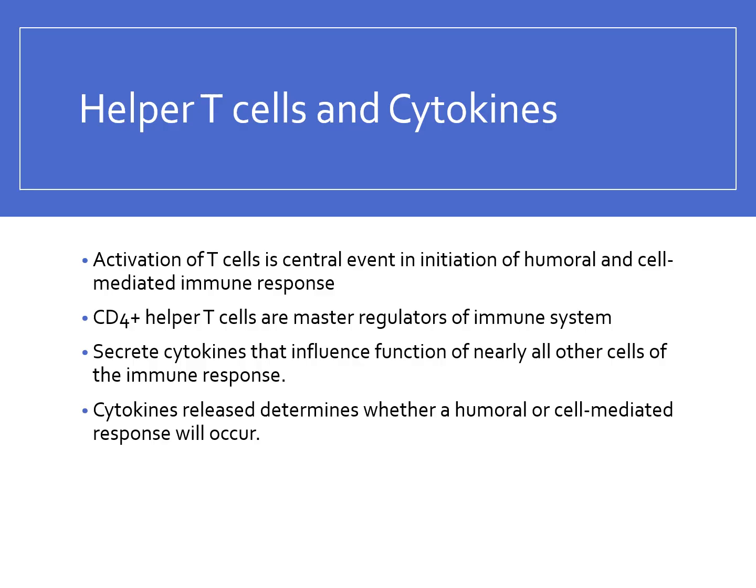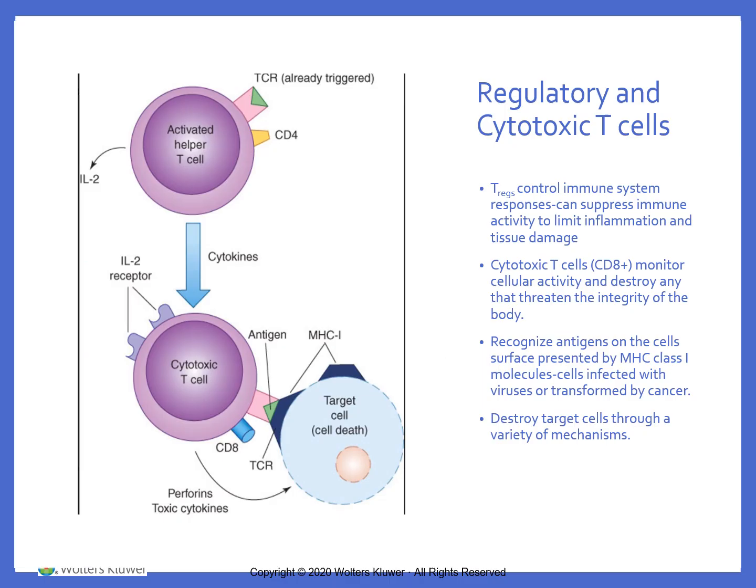So those CD4 plus helper T cells are really this kind of master regulator of the immune system. They also secrete cytokines that help to influence function of nearly all the other cells of the immune response. That cytokine release determines whether a humoral or cell-mediated response will occur. So these helper T cells, these CD4 cells, are an absolutely essential component for a healthy and functioning immune system because they really just sort of initiate the entire process.